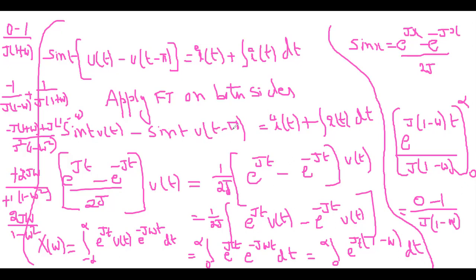This function is shifted with the mu of t. So the mu of t is t minus pi. That also you can find out, the sine t into mu of t minus pi. According to that, we get the second term Fourier transformation also.